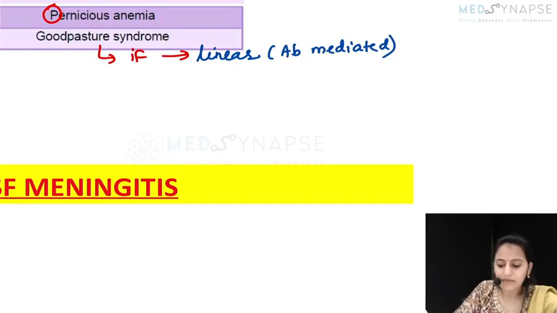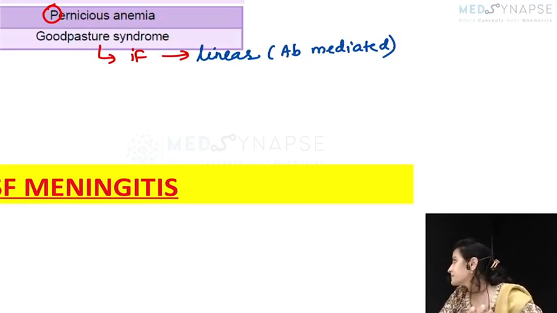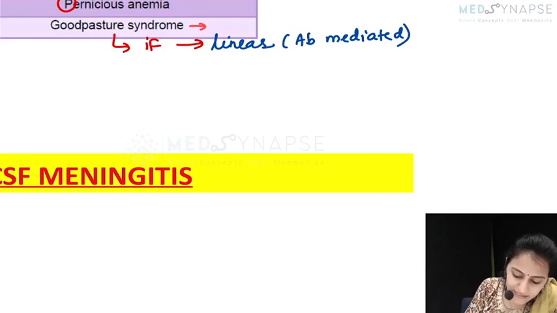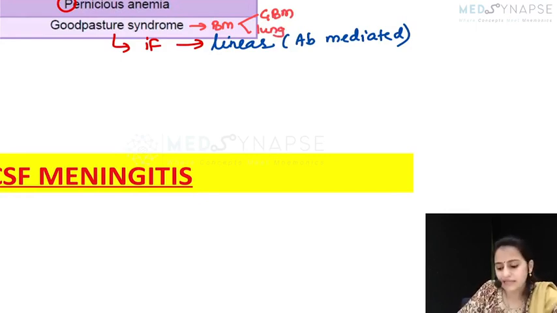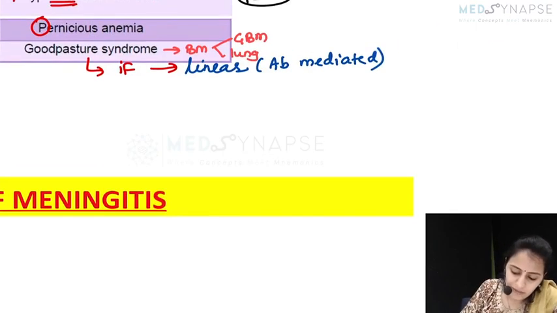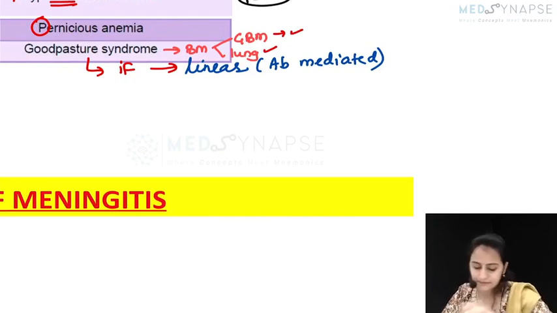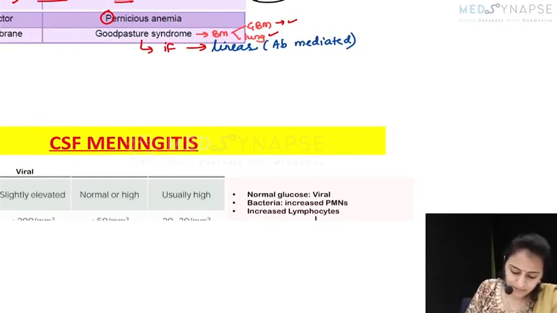It is not immune complex mediated. It is linear immunofluorescence, a key word here. In Goodpasture's, the basement membrane affected is the glomerular basement membrane and the alveolar basement membrane. So basically there is hematuria with hemoptysis.